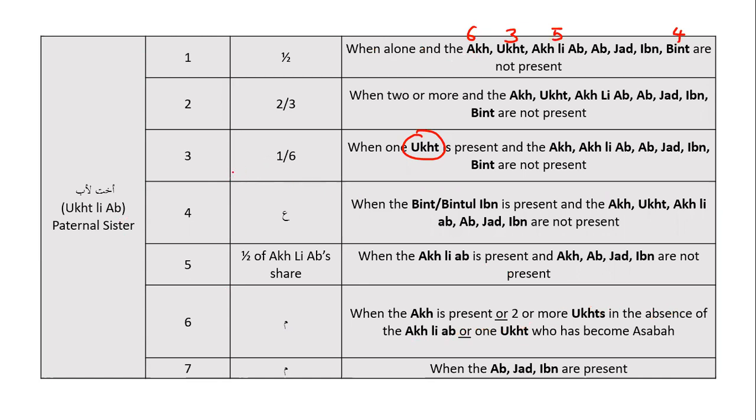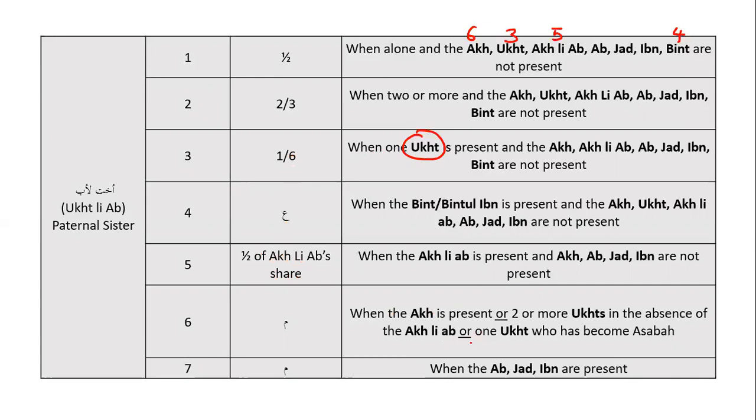In condition number 3, we learned that when 1 Ukht is present, then the Ukht li'abin will receive 1/6. However, if 2 Ukhts are present, then the Ukht li'abin will become mahroom unless she has a Akh li'ab to go along with and make into Asaba.